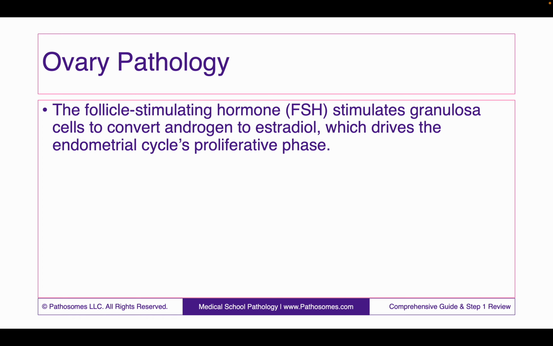The follicle stimulating hormone, or FSH, stimulates granulosa cells to convert androgen to estradiol, which drives the endometrial cycle's proliferative phase. You remember what that looks like? The well-circumscribed circular glands in the endometrium, right? You remember that.